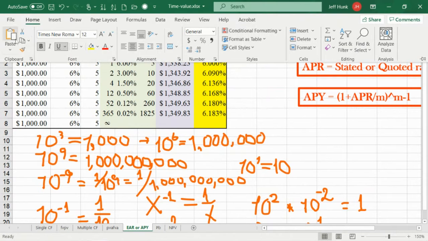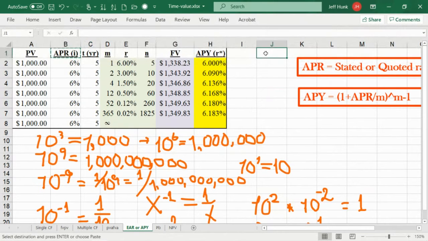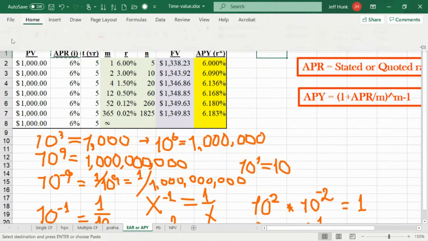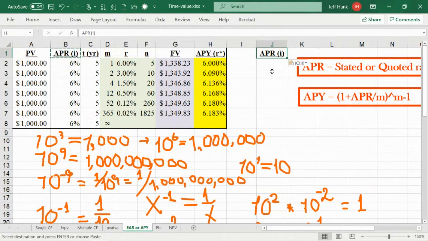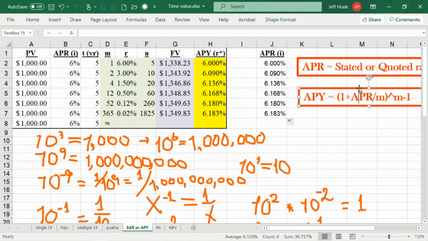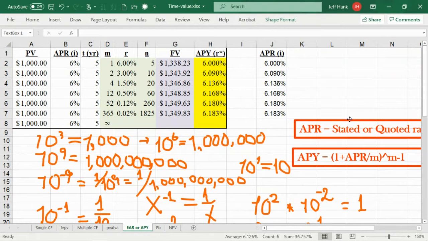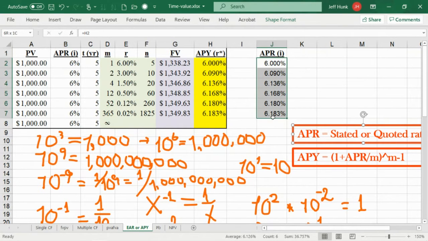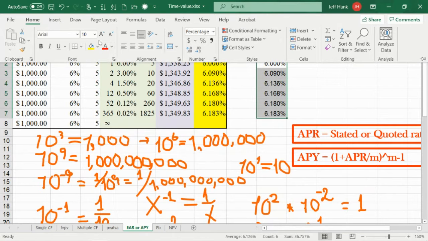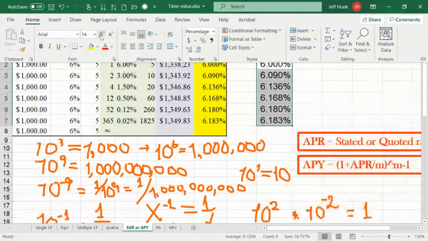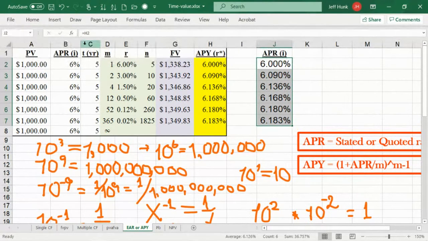Okay, so if the APR is like this, think about it. I'll just leave it.